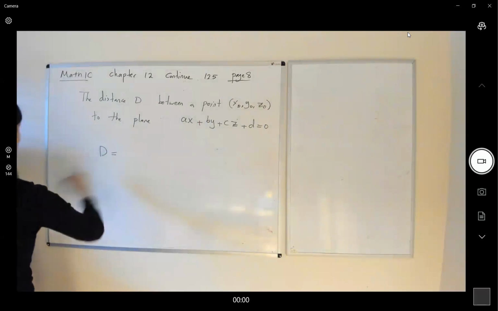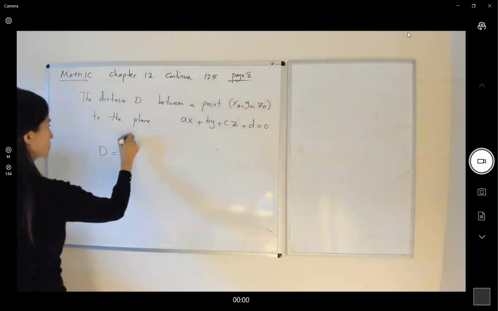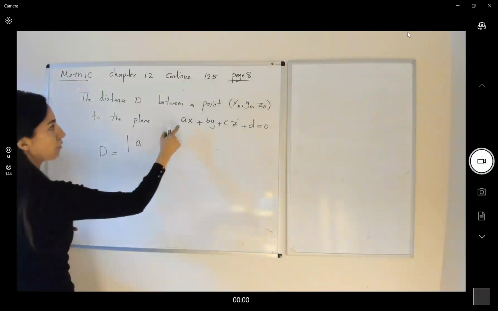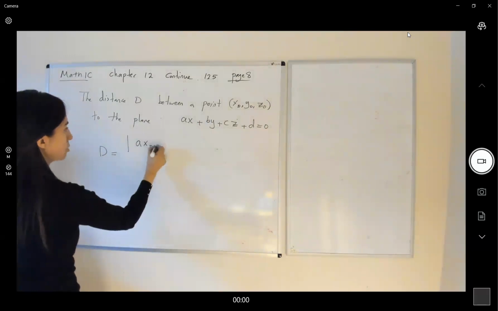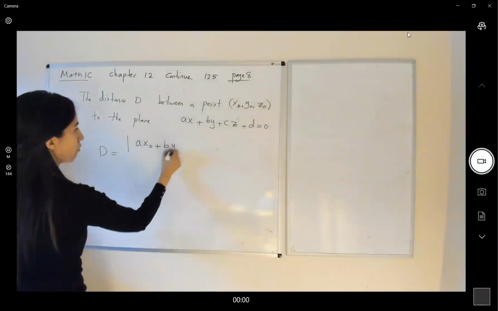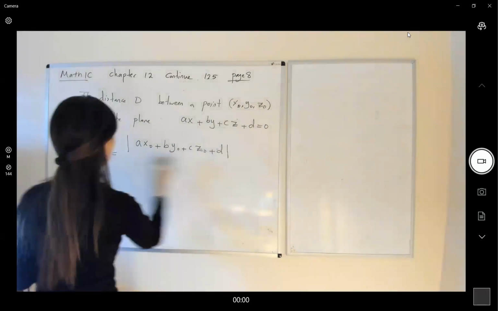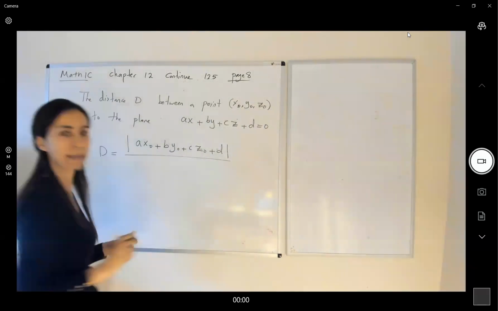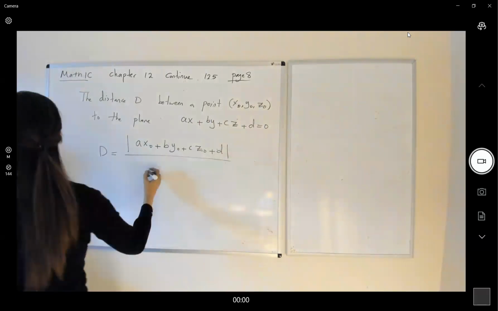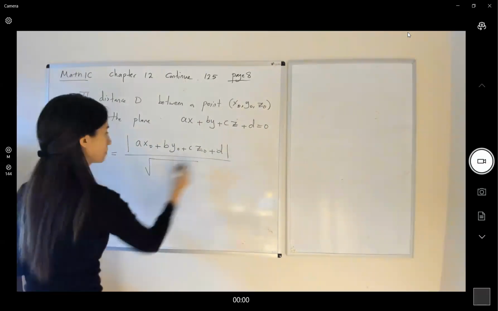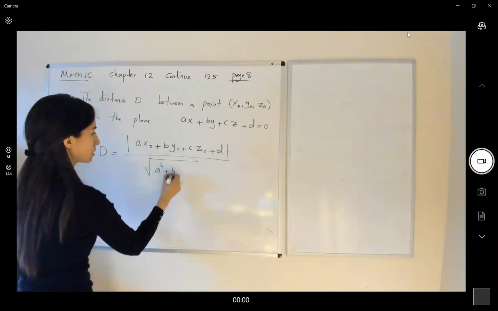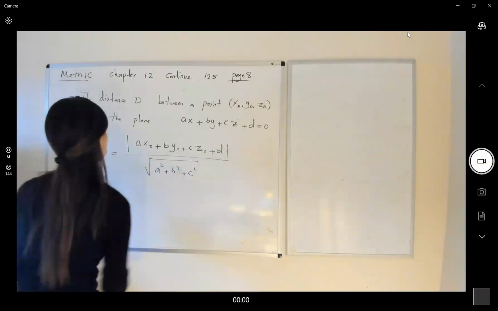D is equal to the absolute value of a x sub 0 plus b y sub 0 plus c z sub 0 plus d, divided by the magnitude of your normal vector, the square root of a squared plus b squared plus c squared.